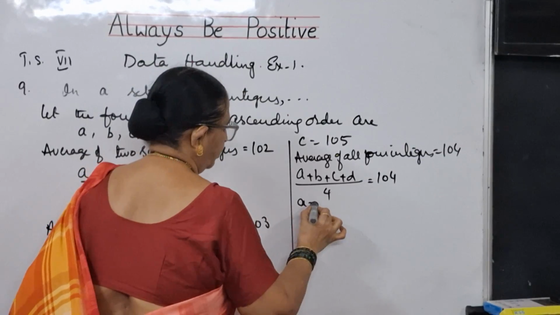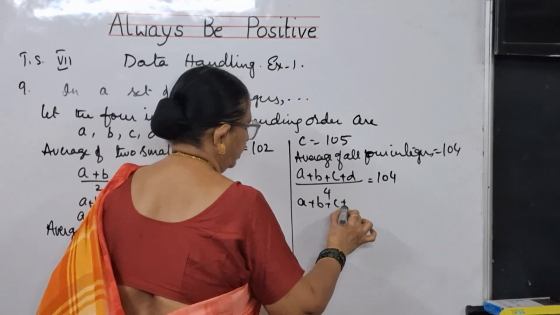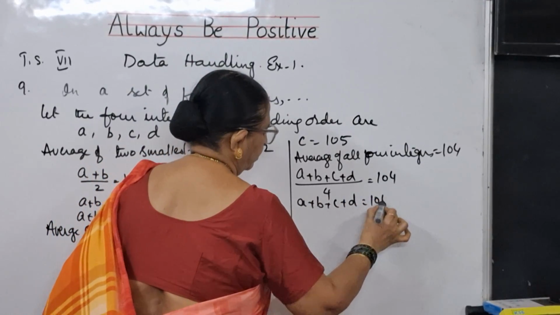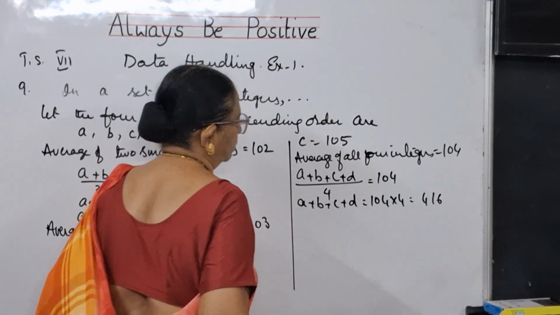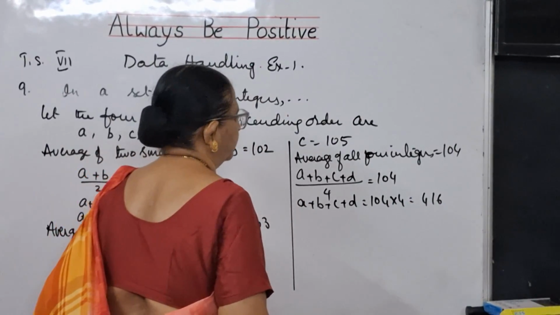So what is A plus B plus C plus D? 104 into 4. 4 4s are 16, 4 1s are 4. 416.